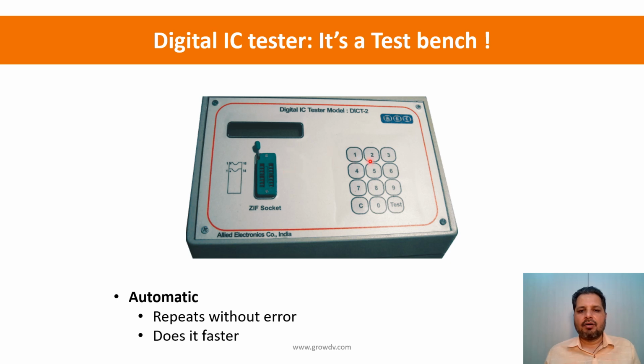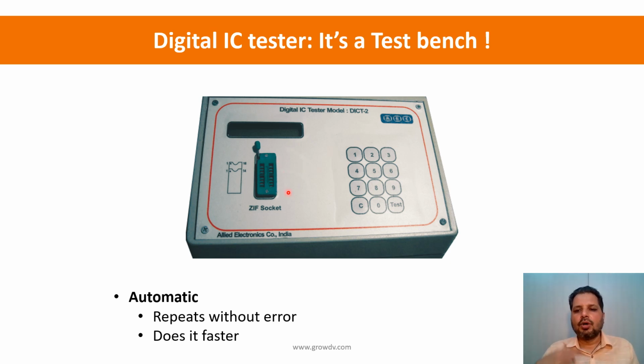and then through this keypad we can enter the configuration, let's say 7408, and then there will be a start button. Once I press the start button, this digital IC tester will apply all possible input stimulus combinations to this particular IC.